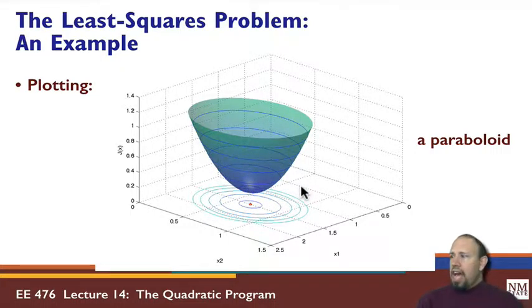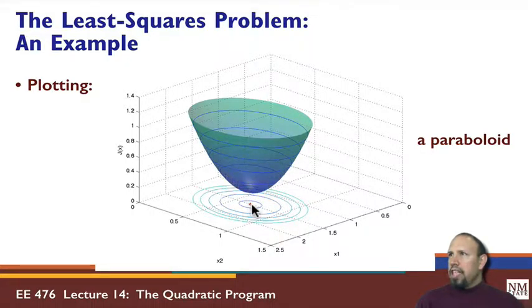On that paraboloid, we can draw the contour lines. Contour lines correspond to values that are constant, and we can project those down onto this plane. Each of these ellipses corresponds with a level value.